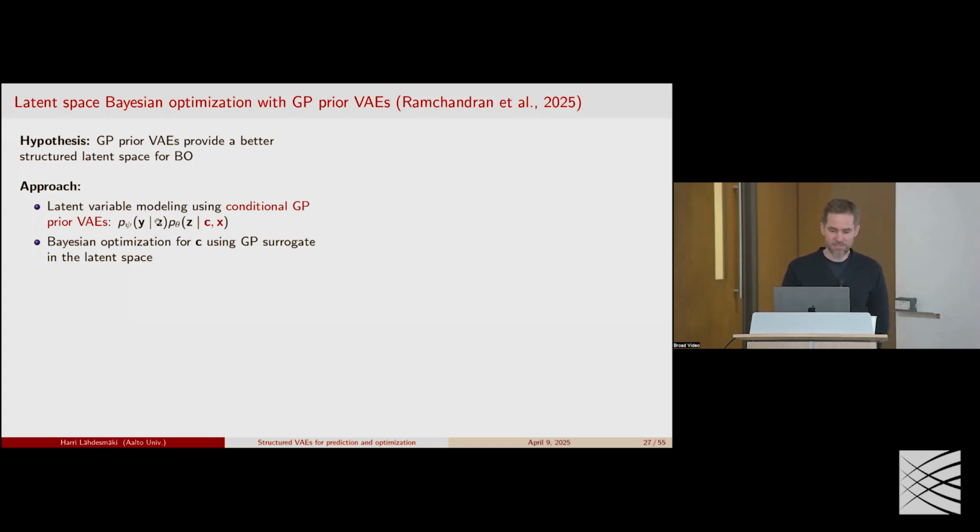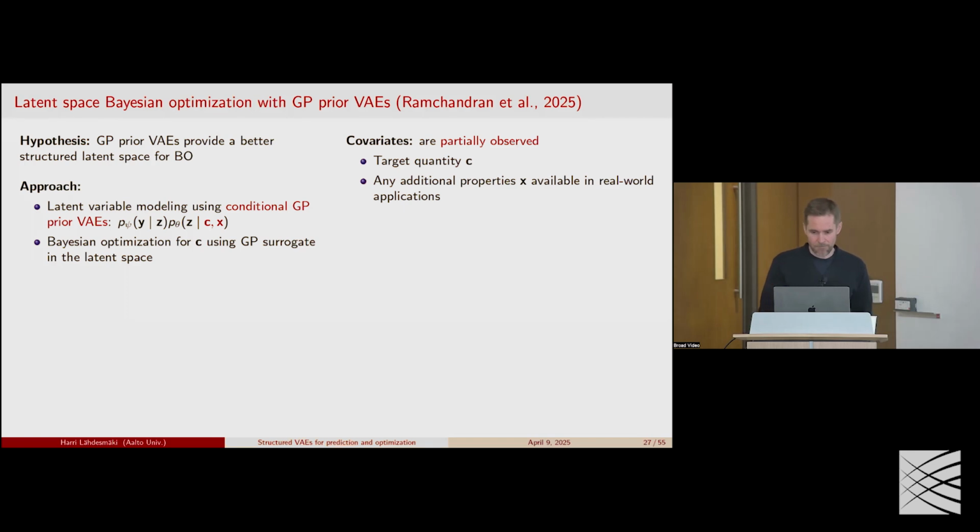So our approach is where we do latent variable modeling using a conditional GP prior VAE, where we have, let's say, the molecules Y generated from the latent variable Z. But now the latent variable would not be independent, but depend on exactly the feature that we would like to optimize, as well as possible additional features that we know of these molecules, as an example. And then apply the standard Bayesian optimization in the latent space that we obtain from this kind of a model.